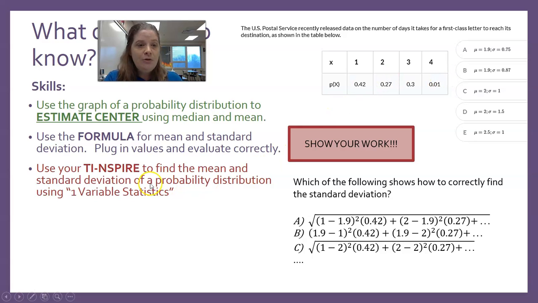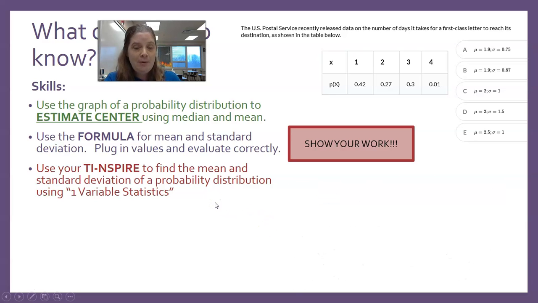But for most of you, it's going to be faster, even in terms of a multiple choice question, to set this up in a document really quickly in your TI-Nspire, compute the mean and standard deviation, and just pick the correct answer. That being said, this same question could be multiple choice where you might have to pick out the correct way to compute it without your calculator at all. So you need to be prepared for that.